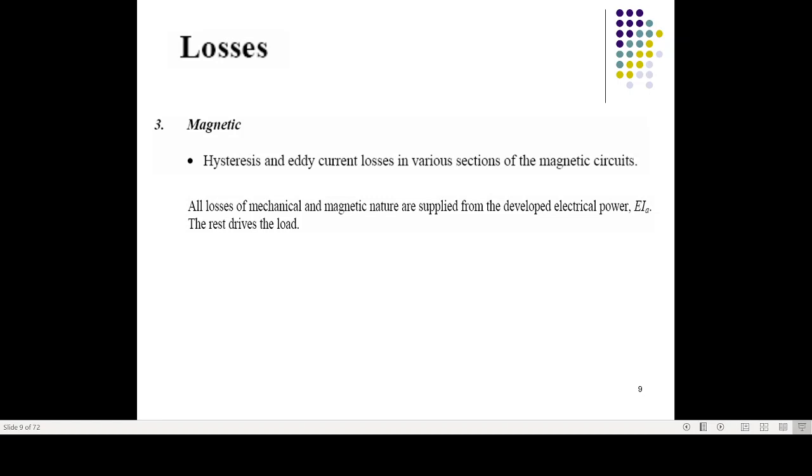Normally, machines are operated at constant speed, so these losses are almost constant. These losses are categorized into two, which are hysteresis loss and eddy current loss. Okay, please find out by yourself what the hysteresis loss and the eddy current loss are.